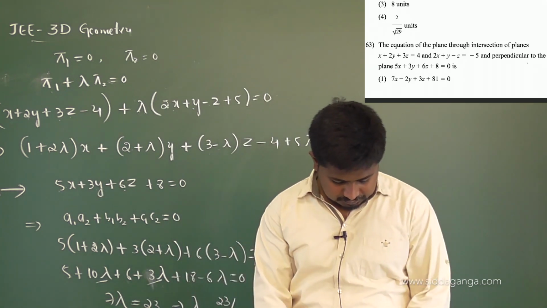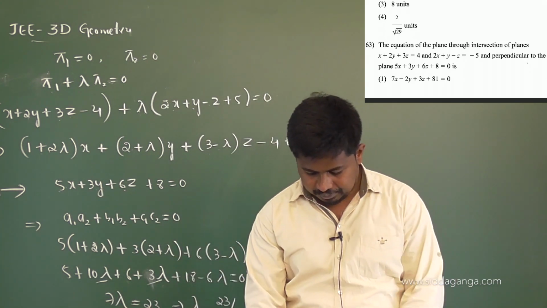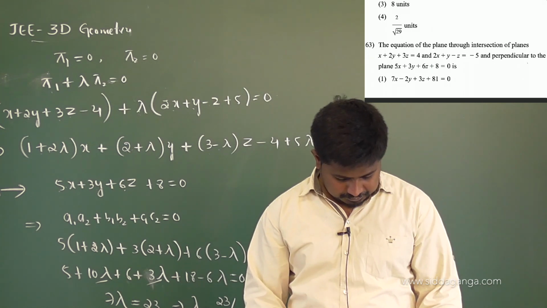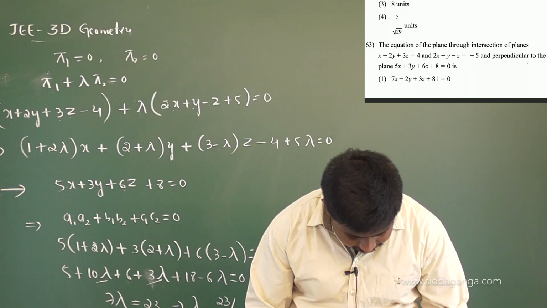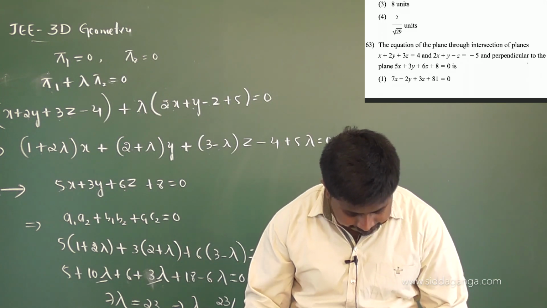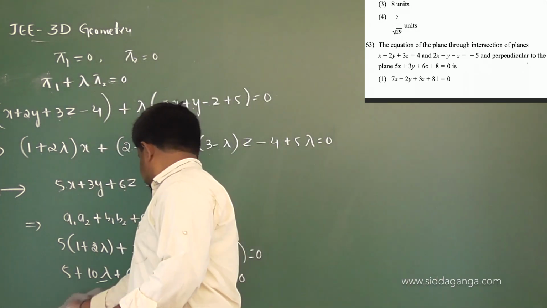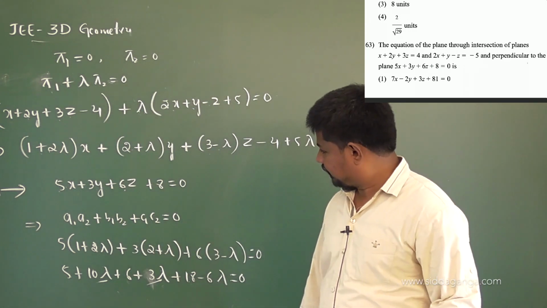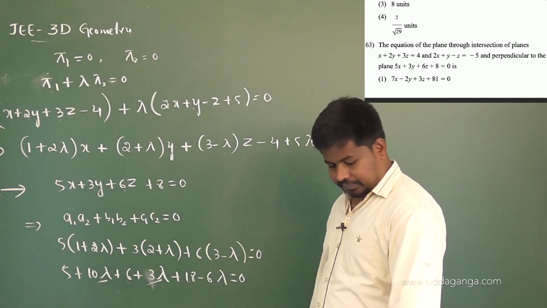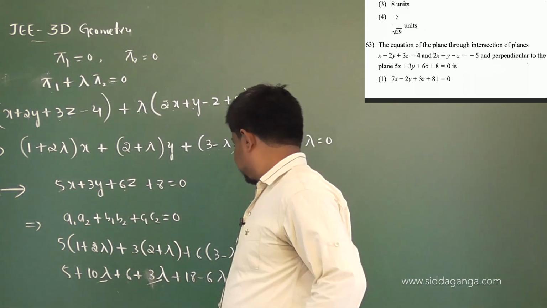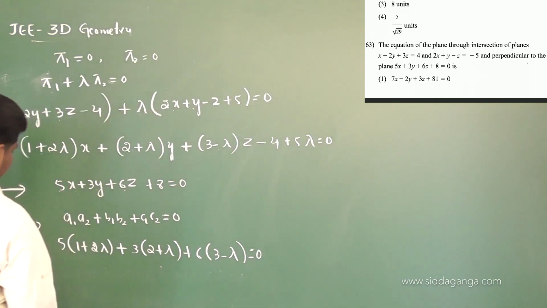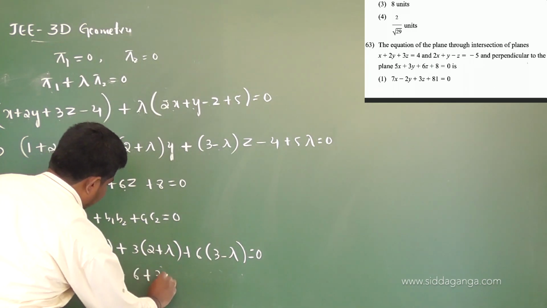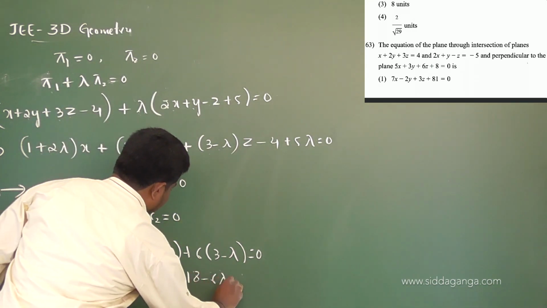Correct. So it gives what? 5 plus 10 lambda, plus 3 2s are 6, plus 3 lambda, plus 18 minus 6 lambda equal to 0.